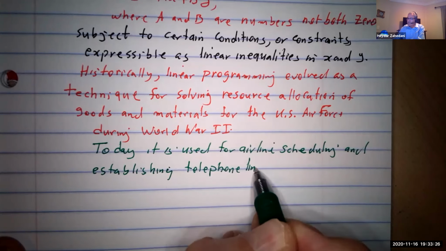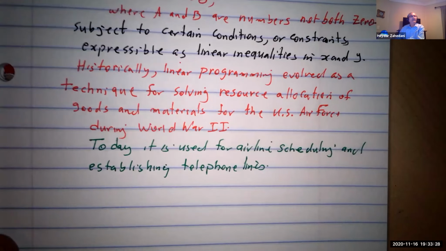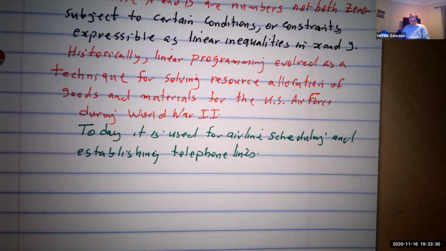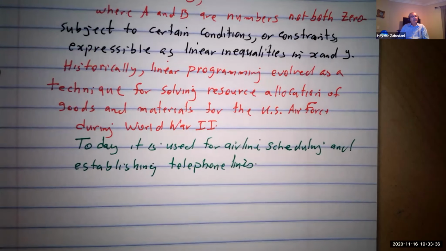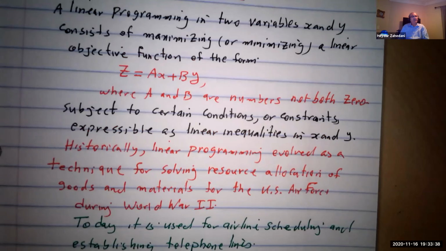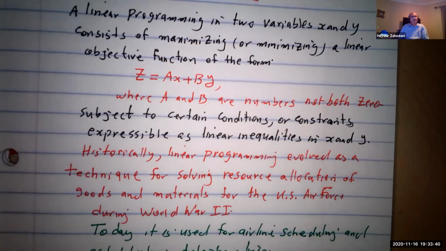So as to give you an idea, I know there are many other applications in modern days, but that's the origin of the problem. Okay, so this is going to be the way we are going to do it.